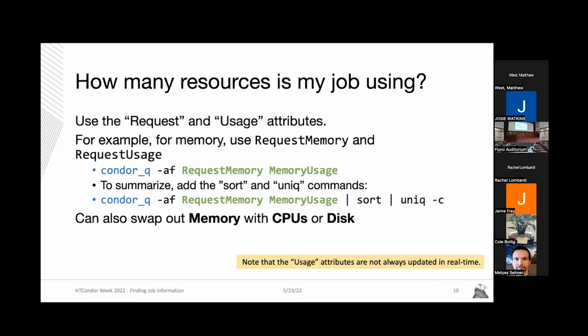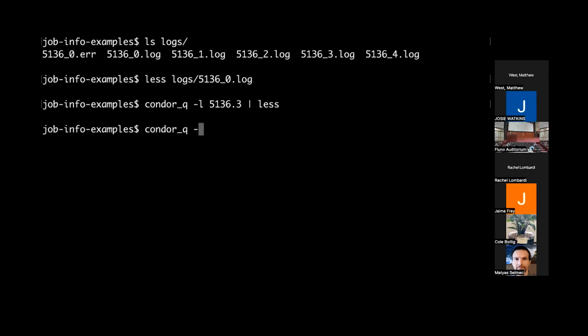And so if I want to look at how much memory I requested and how much memory my jobs are using, I can use this auto format flag. So condor_q -af RequestMemory, whoops, capitalization actually doesn't matter, but I'm trying to be consistent here.